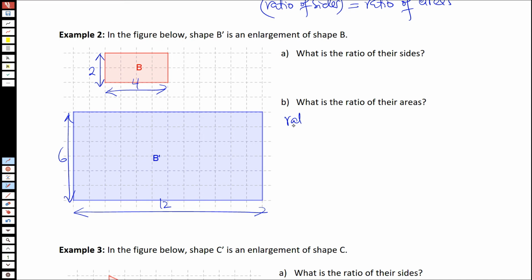Again, remember what I said in the beginning, that will be the length of the large shape over the corresponding length of the original shape. So that will be 6 over 2, which is 3.